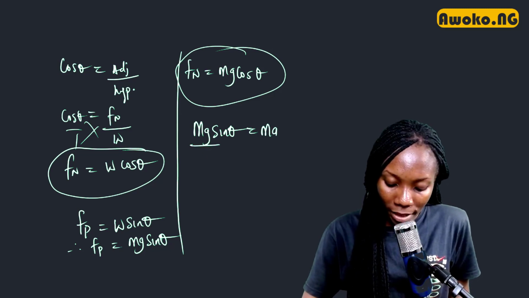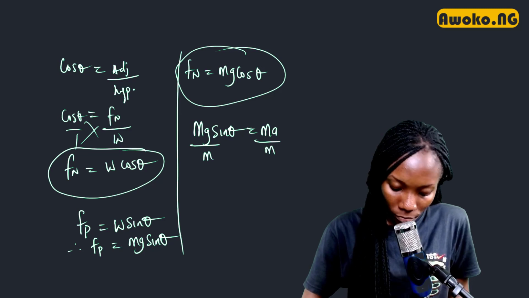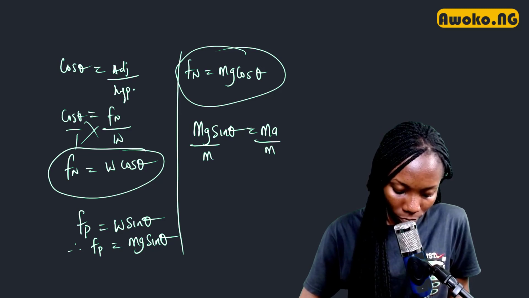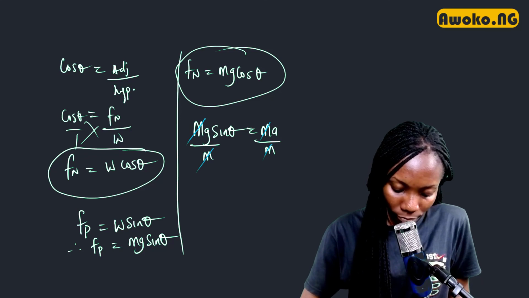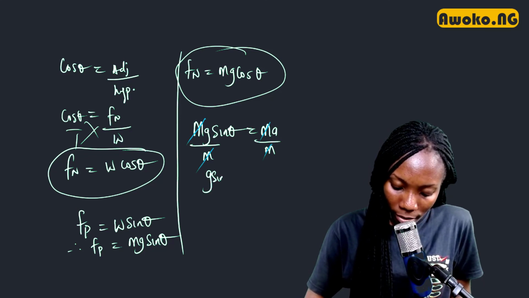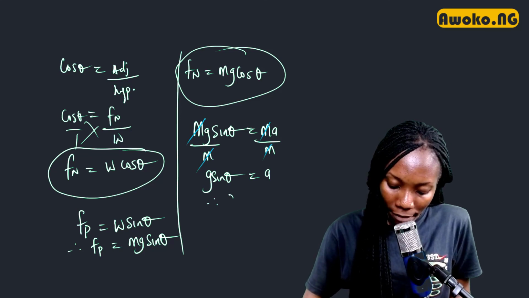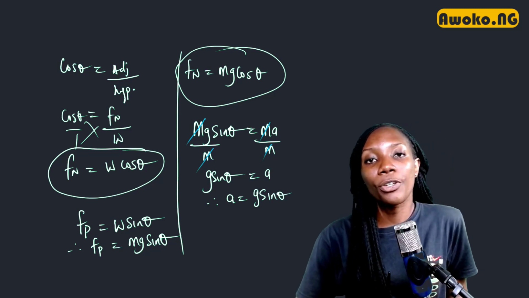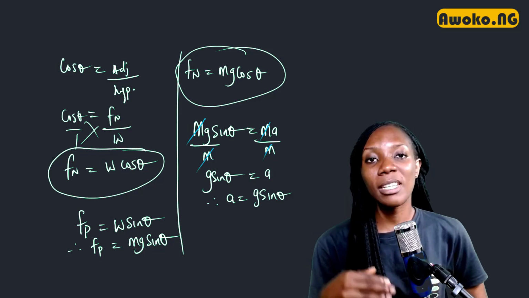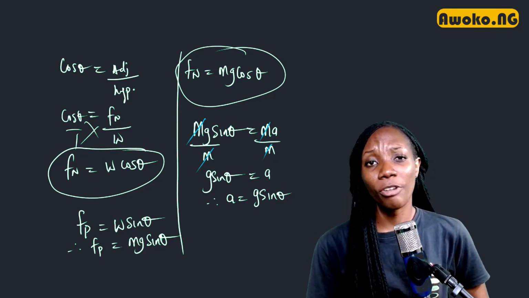When you divide both sides by m, you get g sine theta equals a. Therefore, a equals g sine theta.